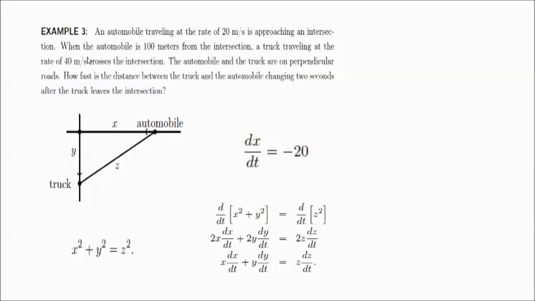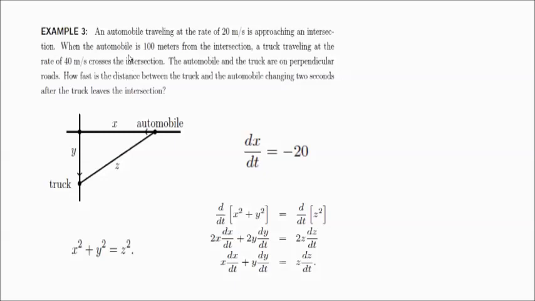Yan. So when the automobile is 100 meters from the intersection, a truck traveling at the rate of 40 meters per second crosses the intersection. So let's say dito galing si truck. So nag-cross siya ng intersection going south.